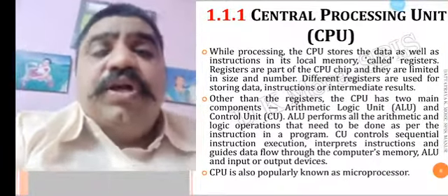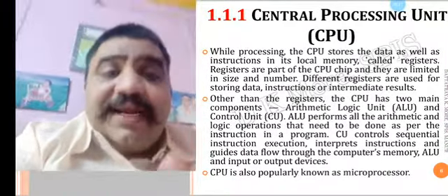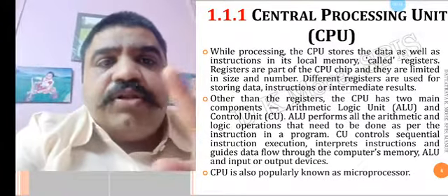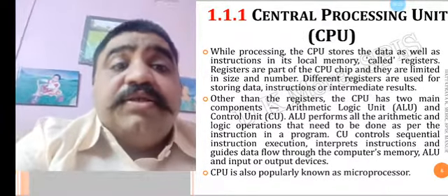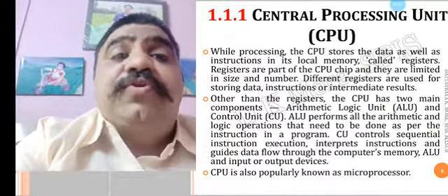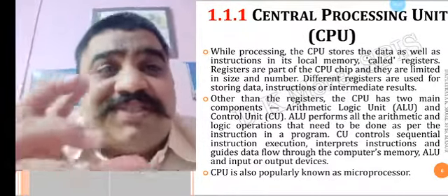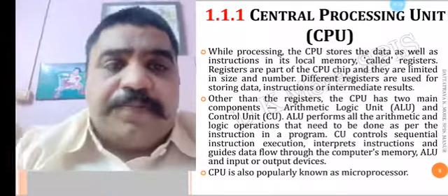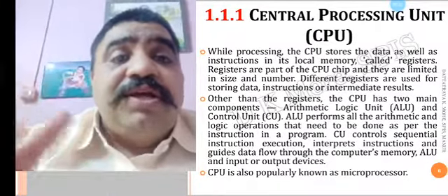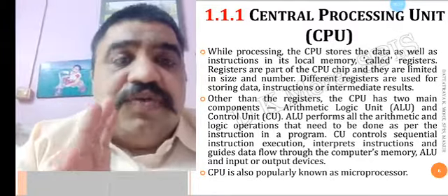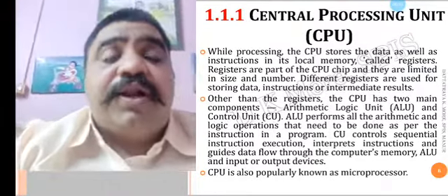It controls all the activities which are carried out in the whole computer system. That CU is responsible for that. CPU is also popularly known as microprocessor. Actually, CPU is a small chip. We are generally calling that vertical box which is near the monitor a CPU.